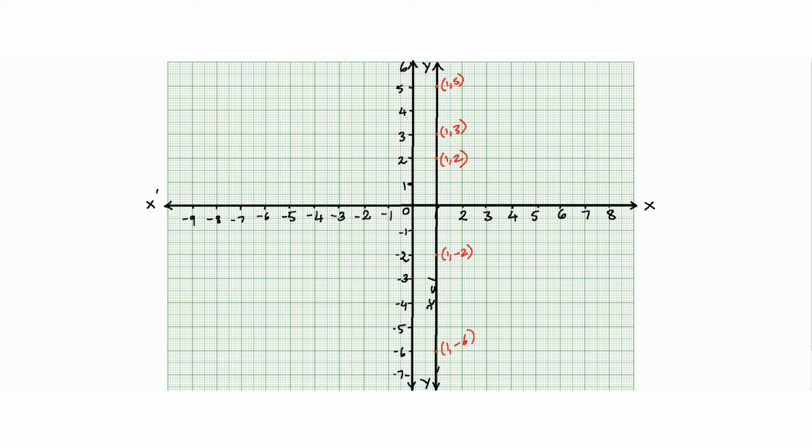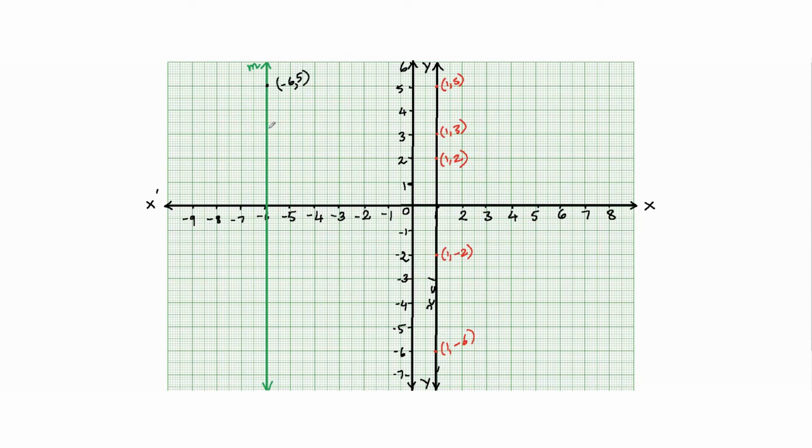Similarly, I can draw another line which is parallel to the y-axis somewhere over here, right? So let's consider the line M. If you take the coordinates of all the points that lie on this line, let's find some coordinates. This particular point has x coordinate -6 and y coordinate 5.